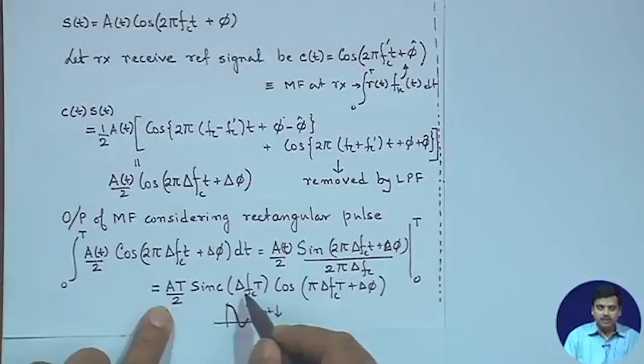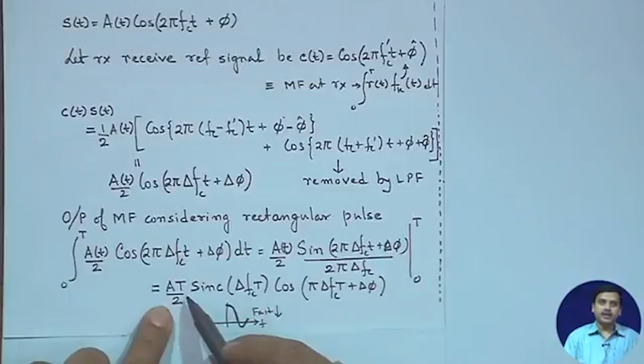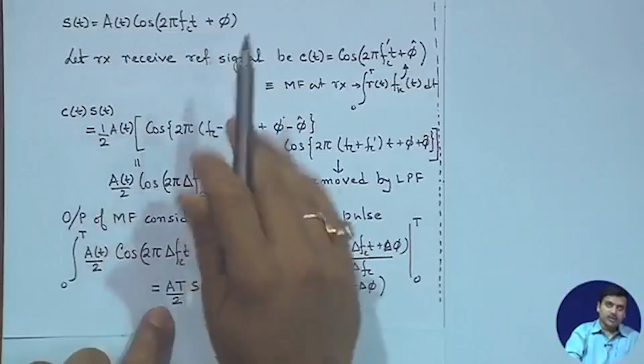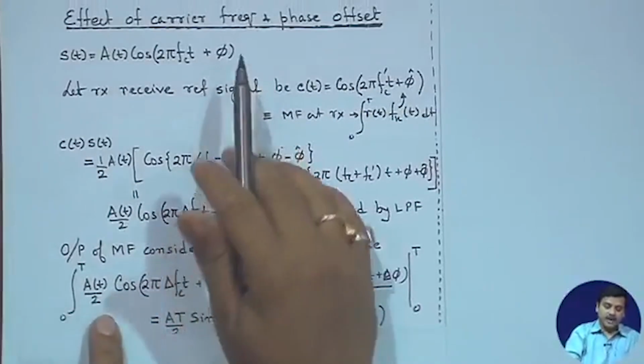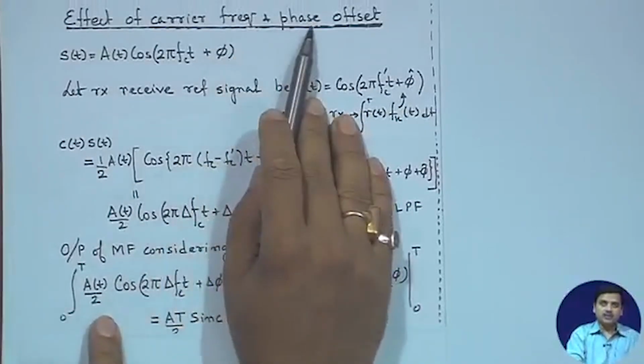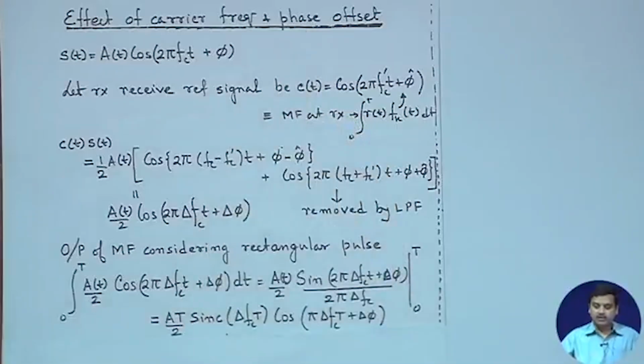So, what it means is that the signal power gets reduced, and hence the signal to noise ratio is reduced. Therefore, what we can conclude is that the effect of carrier and phase offset is to reduce the effective signal to noise ratio at the receiver.